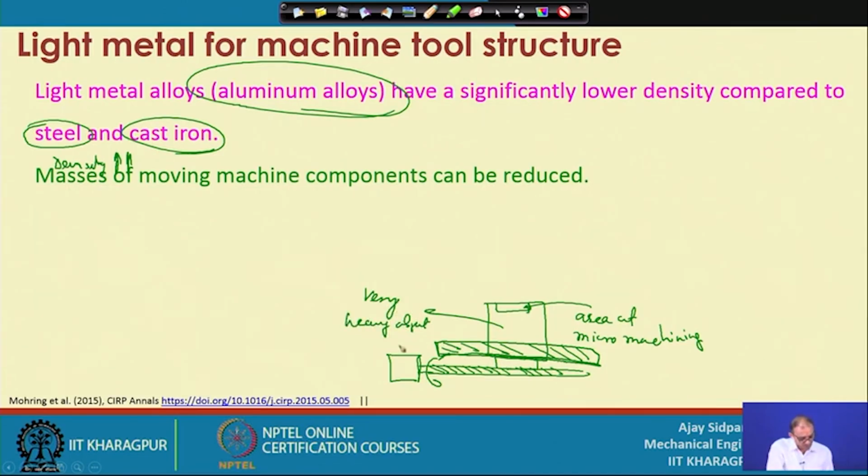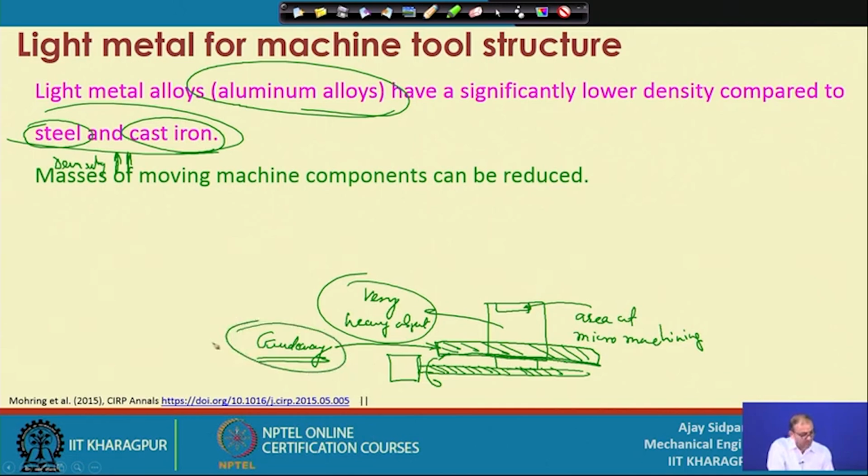Correct. Now if you see this particular thing, you consider this as a slide way or guide way, correct. If you are using steel and cast iron, your weight will be very high, because you already have a heavy object, and other than the heavy object your guide way is also very heavy.